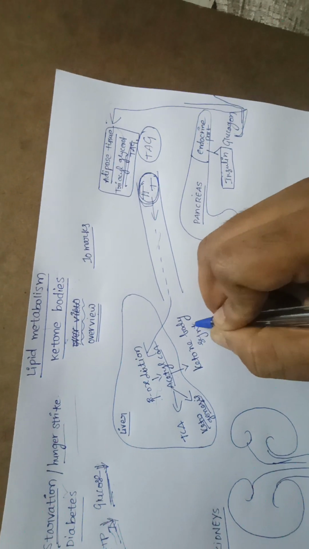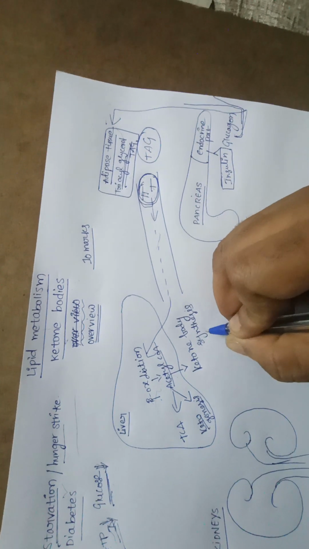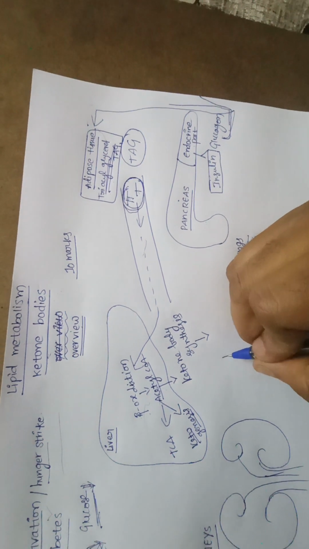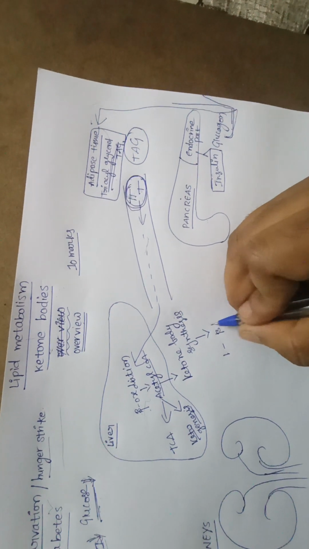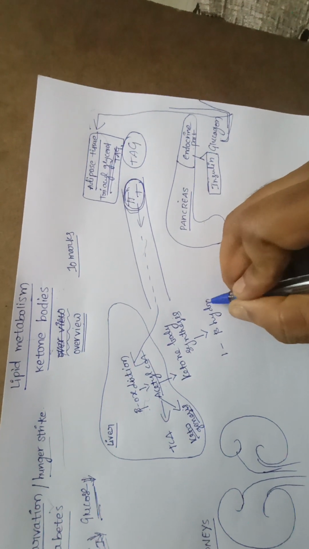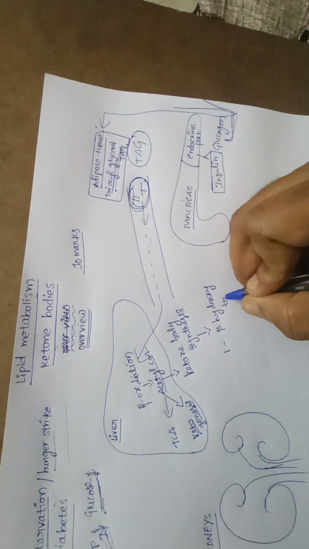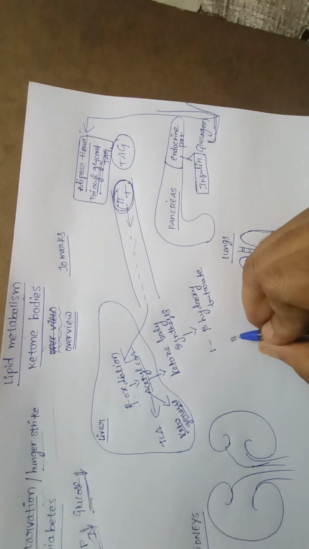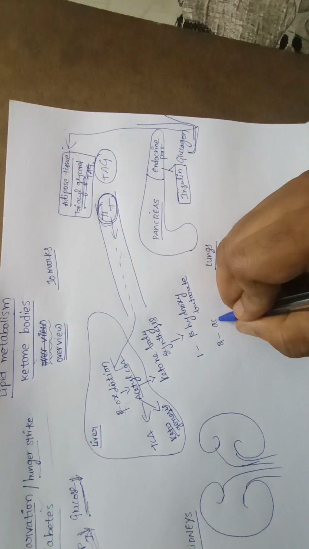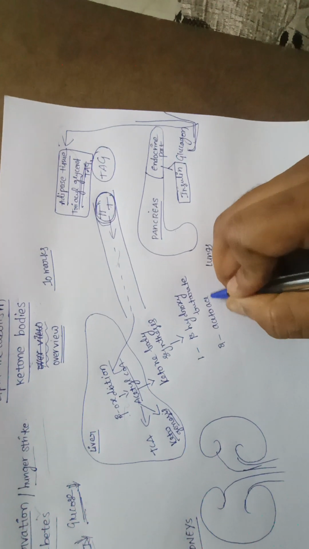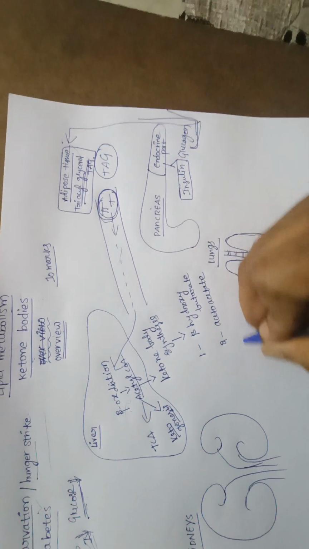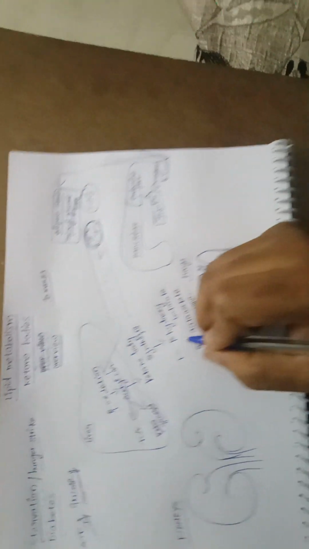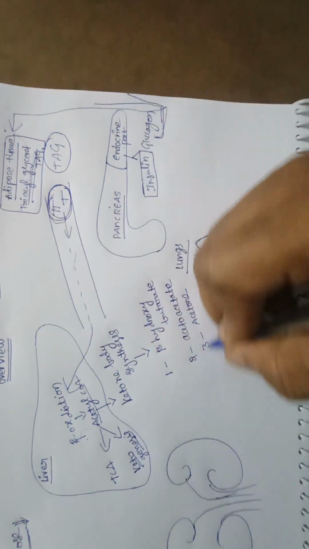At the end of ketone body synthesis, we get three types of ketone bodies. Number one is beta hydroxybutyrate, number two is acetoacetate, and number three is acetone. Why are these ketone bodies?